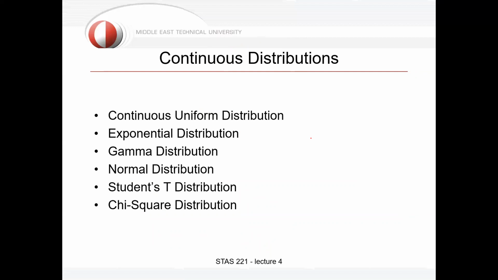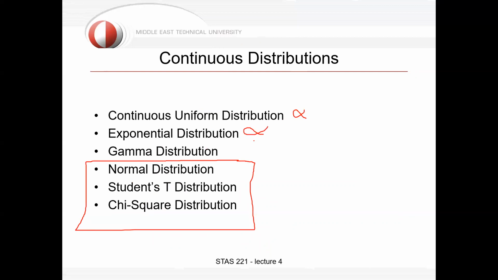So for continuous distributions, there are also some famous ones like continuous uniform distribution, exponential distribution, gamma, normal, Student's t distribution, we can also call it t-student or t distribution, and chi-square distribution. And for our exams, these three are the most important. I won't ask questions related to these three distributions. But anyway, I'm going through them briefly.